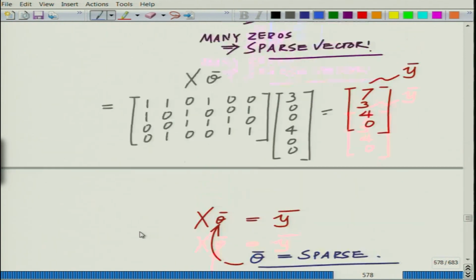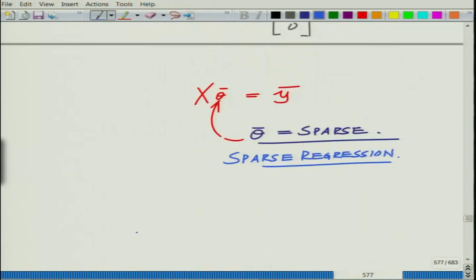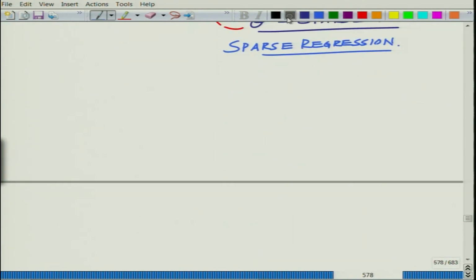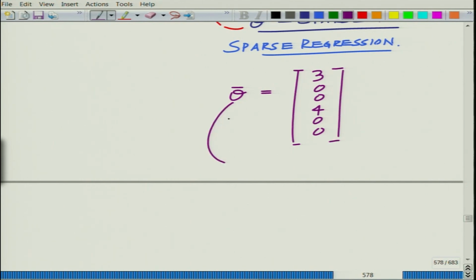And remember we have derived the vector theta bar, which is the vector 3 0 0 4 0 0, and this is what we are calling our sparse vector.